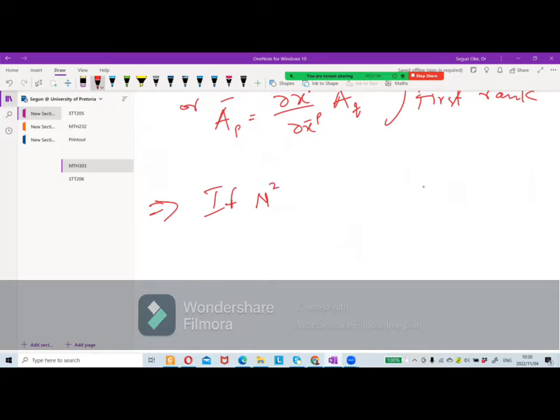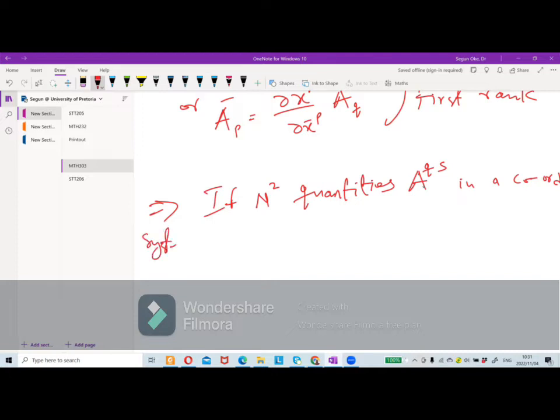If n is raised to power 2, then our quantity will be A^{QS} in a coordinate system x1, x2, to x^n, which are related to another quantity.